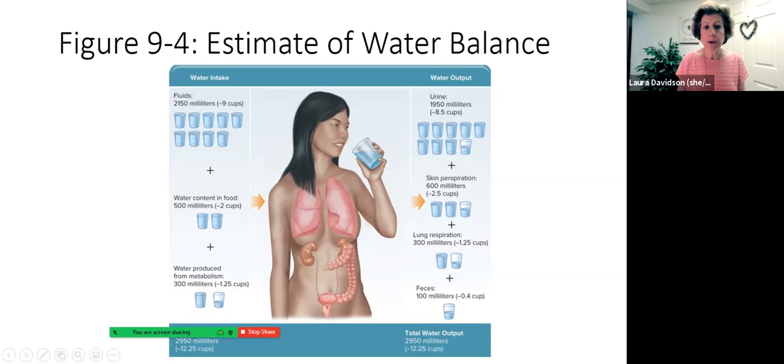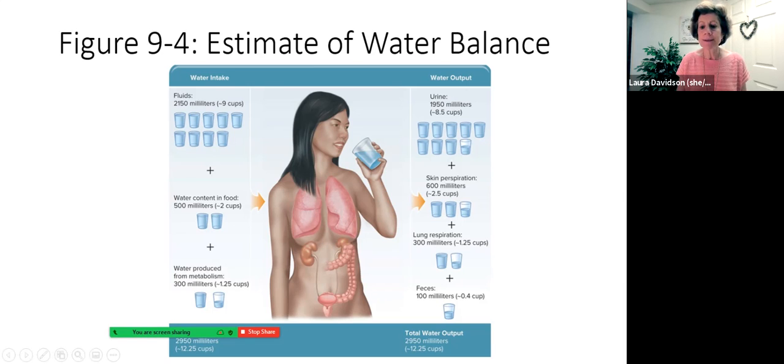I've asked students through the years, has anyone been dehydrated? And the situations in which students recall, one is being in a hot climate and just not consuming enough fluid. So their intake wasn't adequate and they were perspiring more.